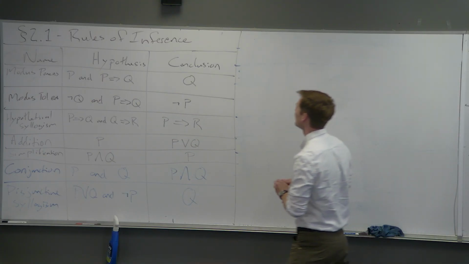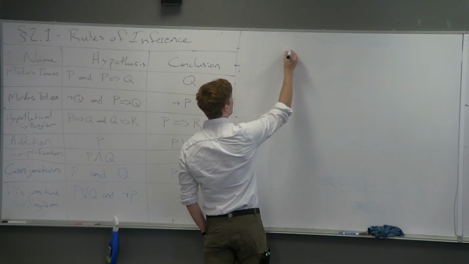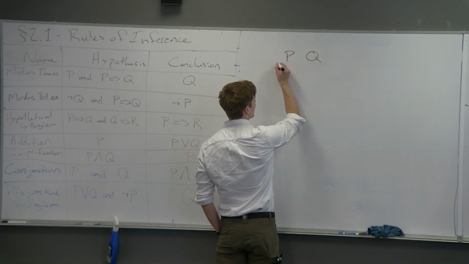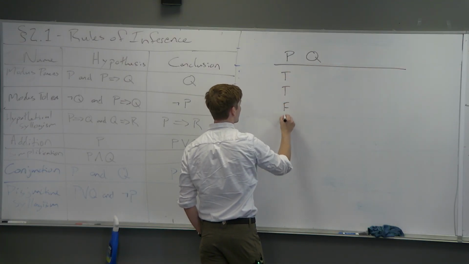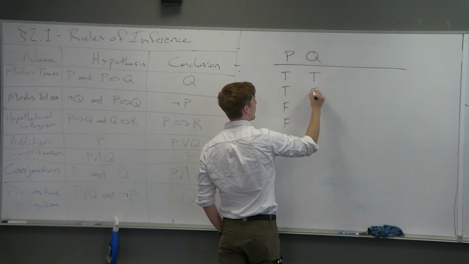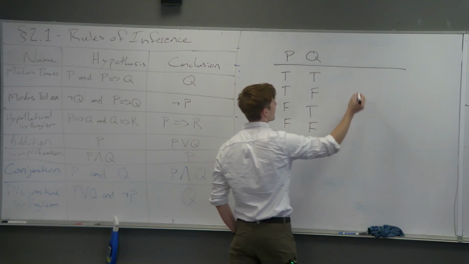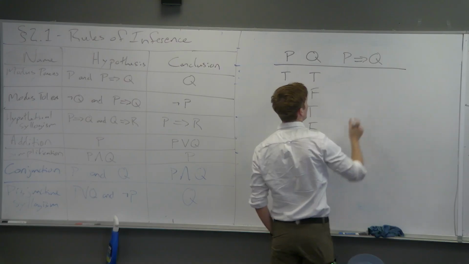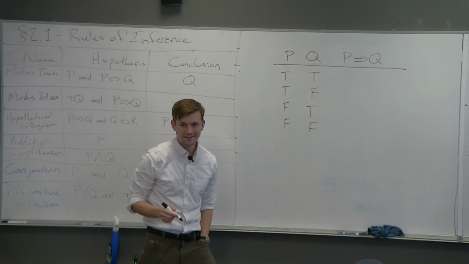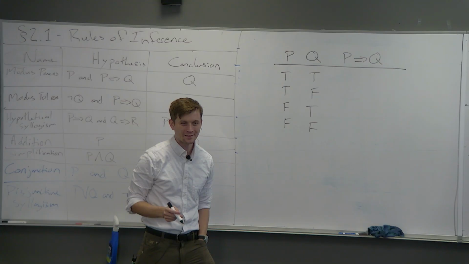All right, so let's put P, let's put Q, let's do our usual business. I would say P: true, true, false, false, and Q: true, false, true, false. And then P implies Q. Everyone remember this one?